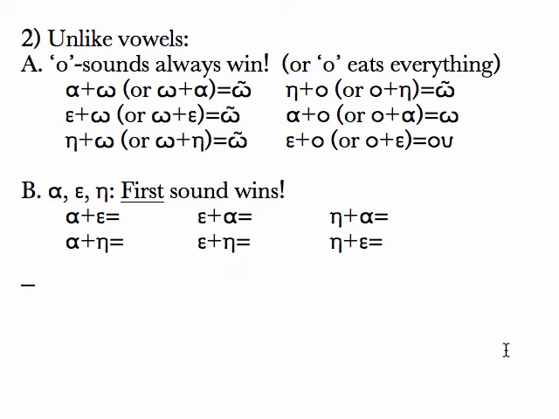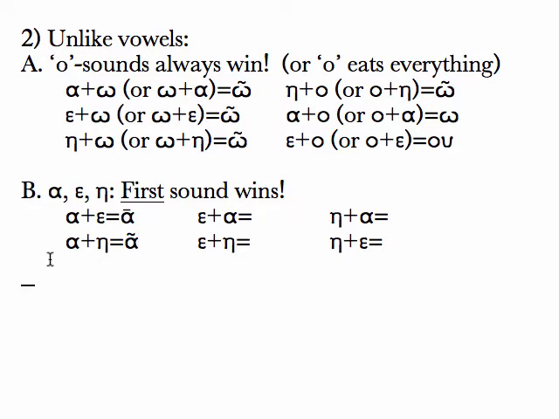So if you have an alpha plus an epsilon, for example, the alpha sound is going to win, and you're going to get an alpha, not just any alpha, but a long alpha. Alpha plus an eta also gives me a long alpha, but this time I've got 2 mori in the eta plus 1 more in the alpha. It gives me 3 mori in the same letter, so I know that one's going to carry a circumflex.